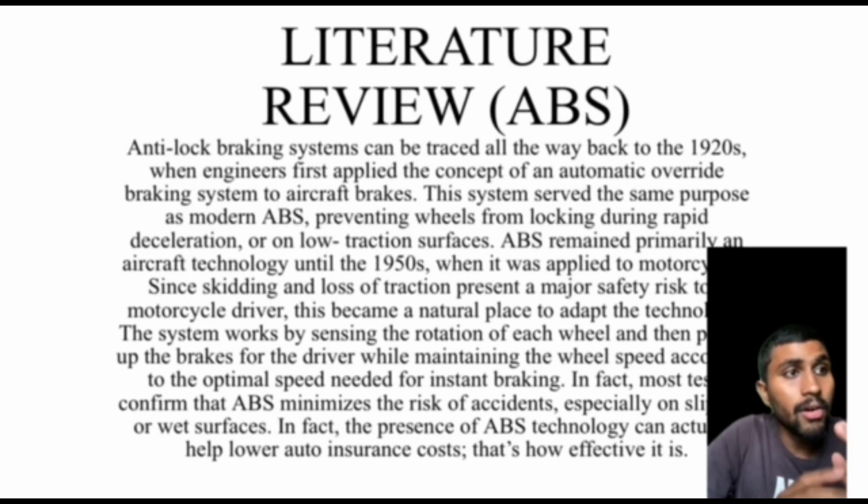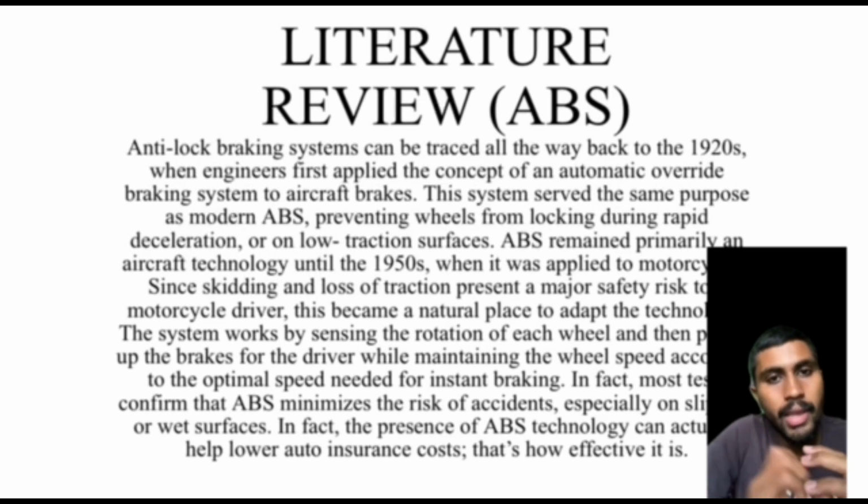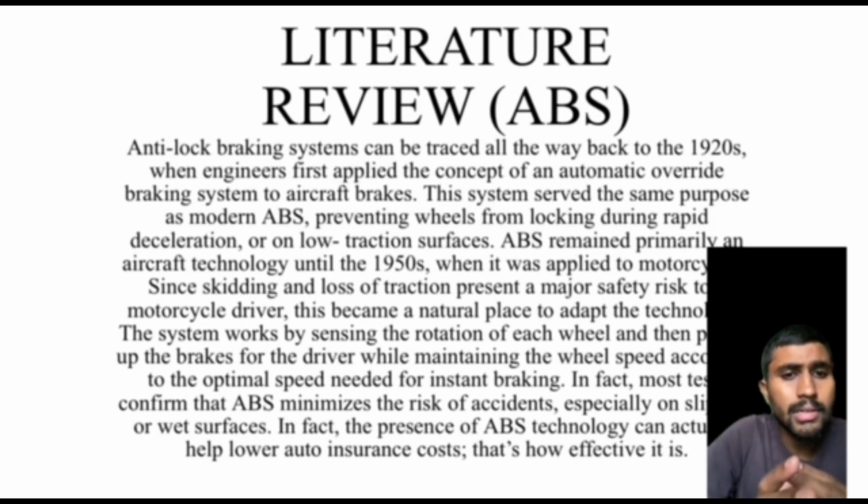The anti-lock braking system can be traced all the way back to the 1920s, when engineers first applied the concept of an automatic override braking system to aircraft brakes. The system served the same purpose as modern ABS, preventing wheels from locking during rapid deceleration or on low traction surfaces.